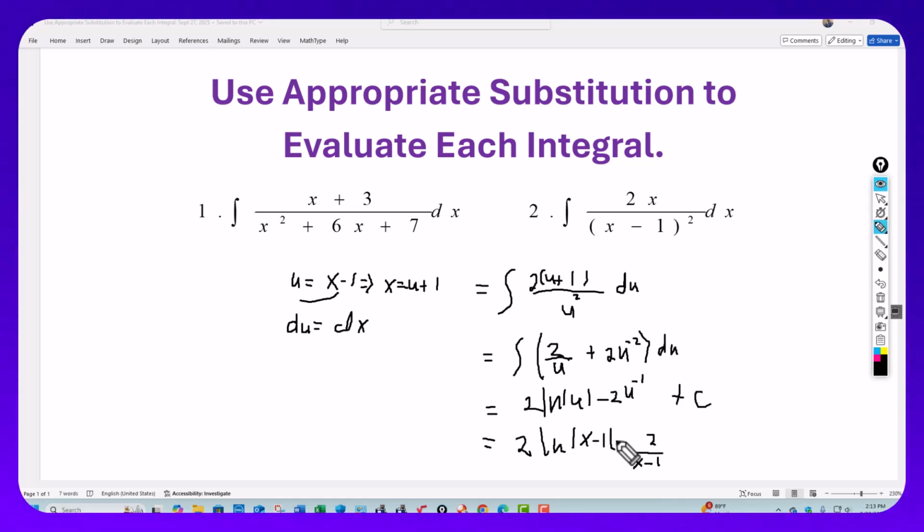Replacing u by x minus 1, I can rewrite the final answer as 2 natural log of absolute x minus 1 minus 2 over x minus 1, plus the constant of integration. And this is your final answer.